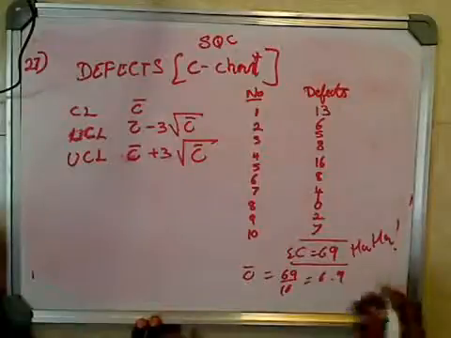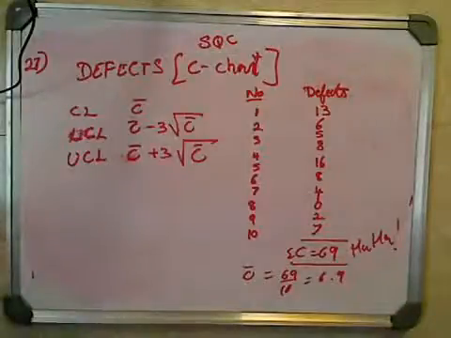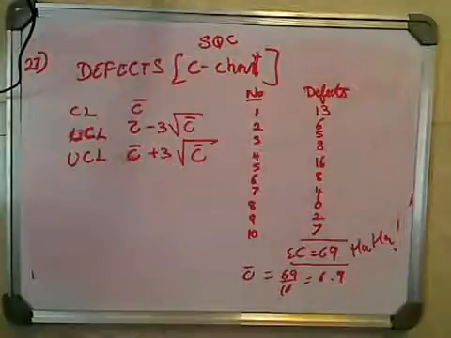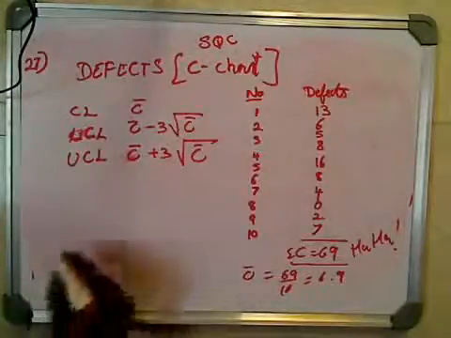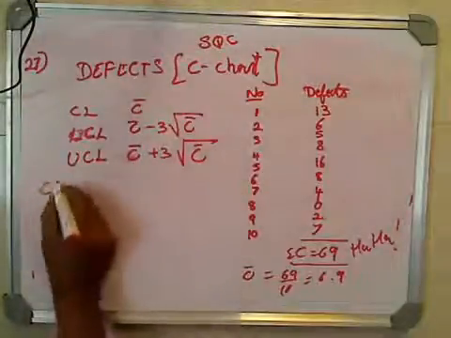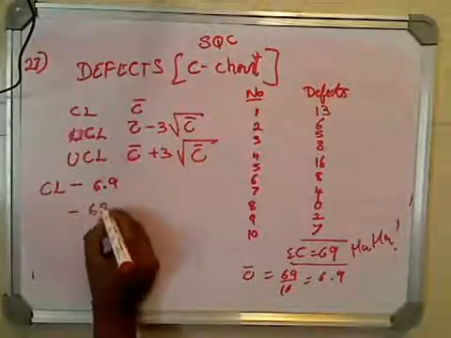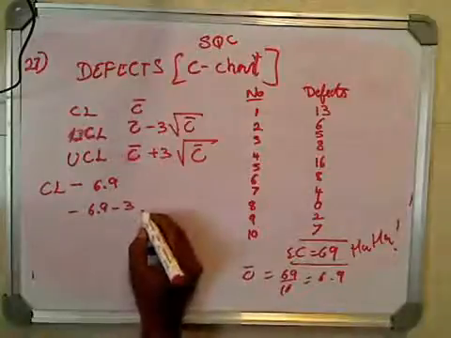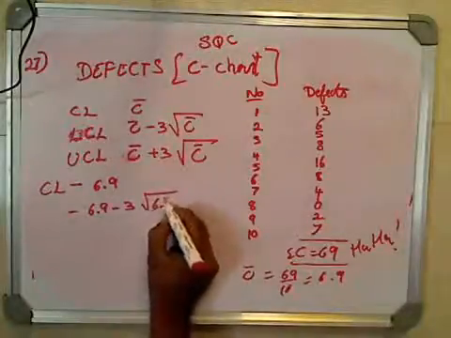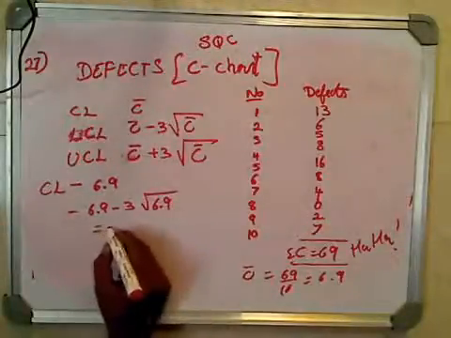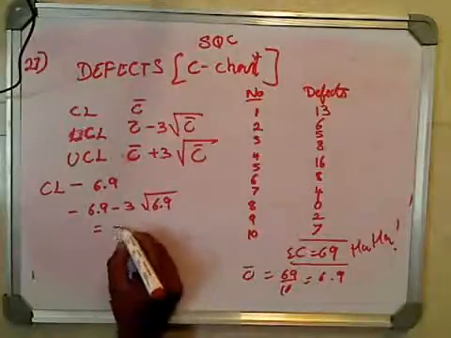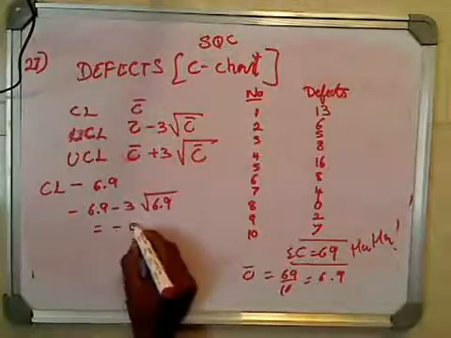Which would be 6.9. All I need to do here is, since I've found 6.9, I just need to substitute it in the different formulas that you have here, and I have my answer. So CL here would be 6.9. 6.9 minus 3 square root 6.9 gives me the value minus 0.98.